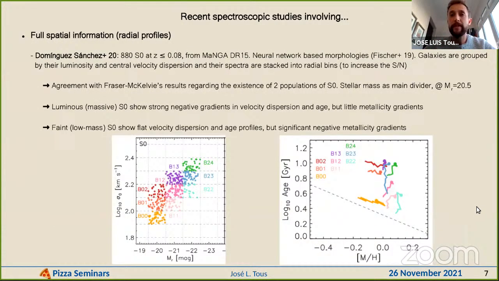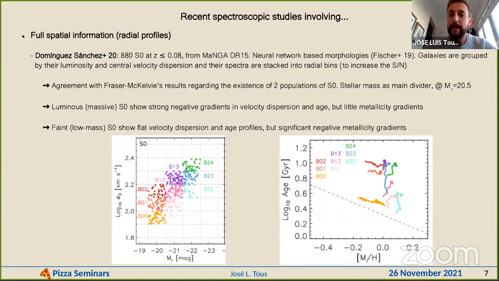And more recently, a work that may be familiar to some of you is that by Domínguez Sánchez et al. 2020, in which for a large sample of S0 galaxies, again using MaNGA data, they group their sample by the absolute luminosity and the central velocity dispersion, and then they stack all the spectra into radial bins for each of these cells to increase the signal to noise of the spectra they want to analyze.